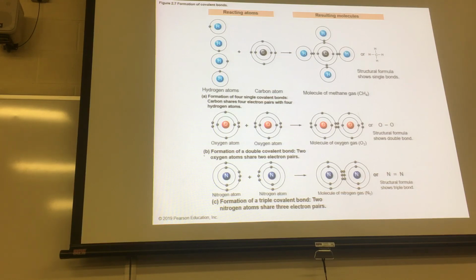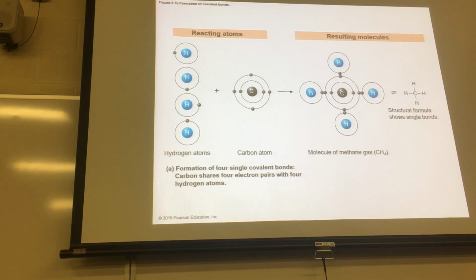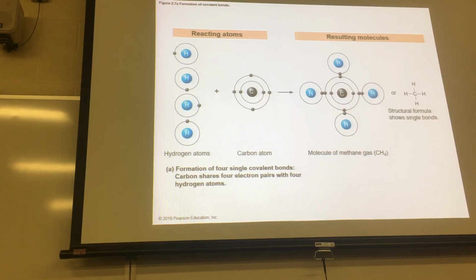So they're going to share these things evenly. So here we are, this is a covalent bond. But covalent bonds can be single, double, triple. And we're going to see that as we build, especially fat molecules. Triglycerides and fats, unsaturated versus saturated.